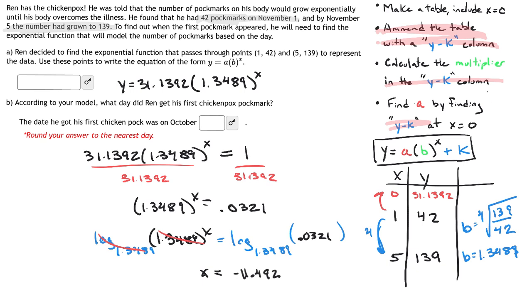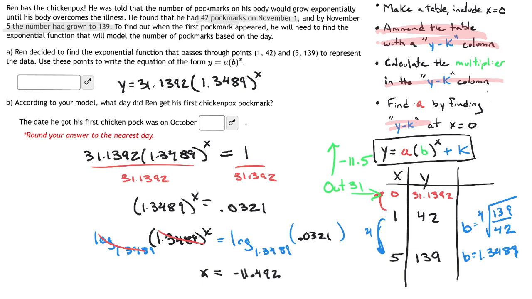Now you have to remember that day 0 here is technically October 31st, since day 1 is November 1st. So you're going to take 31 and go backwards 11 and a half days, right? It actually wants a date in this problem, not just how many days ago.